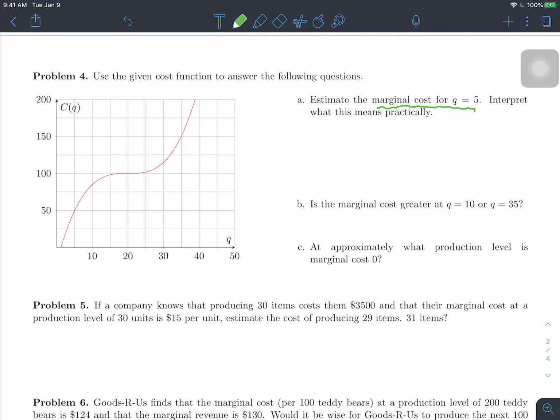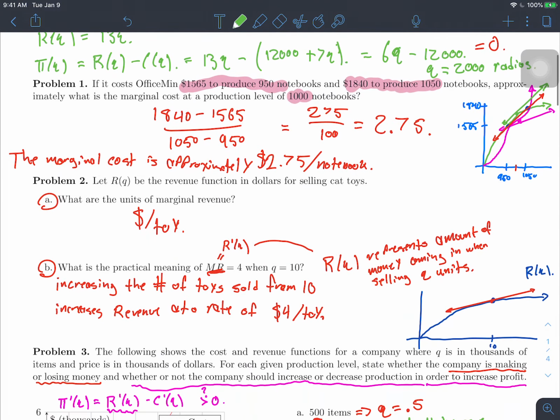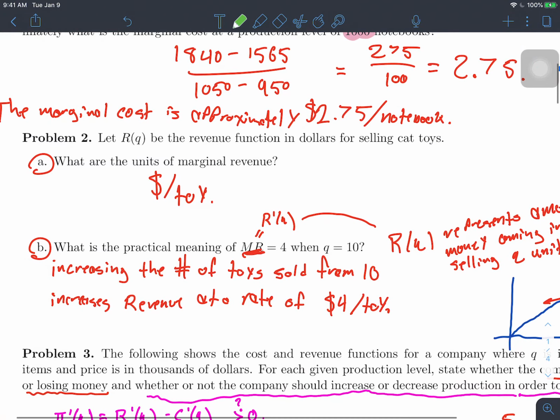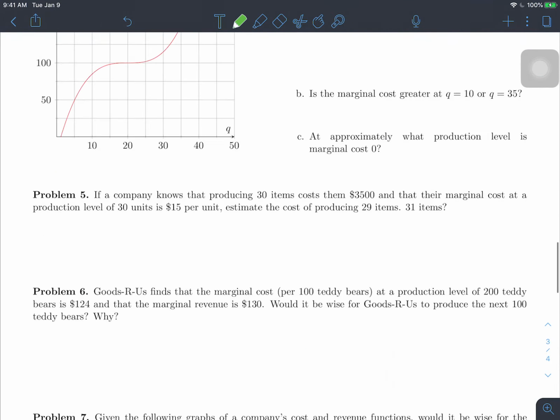Our minds should be going back to the problem where we interpreted the marginal revenue, where we were talking about how what that means is that increasing production from that point will increase cost or revenue by a certain amount. Or at a certain rate, I should say.